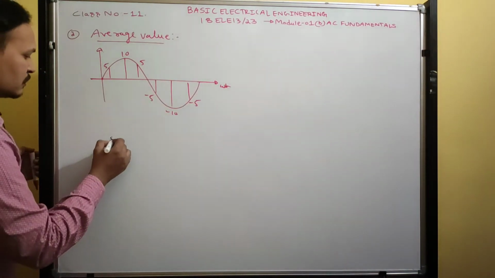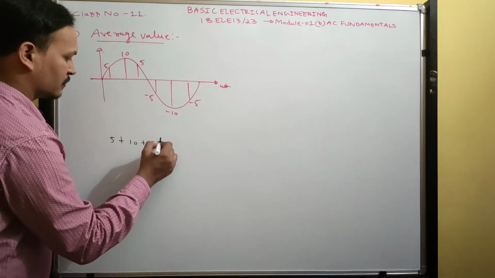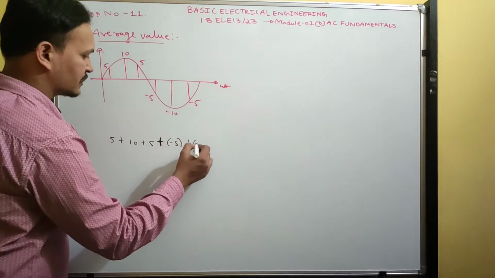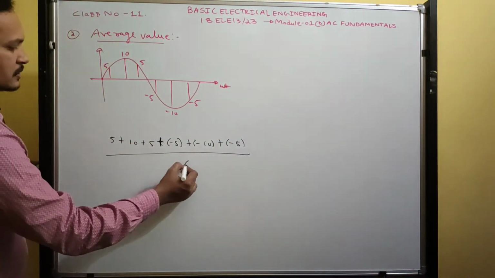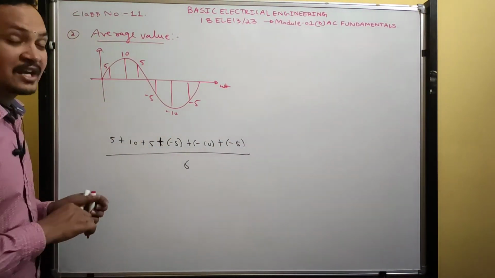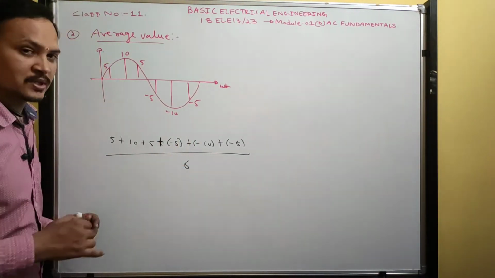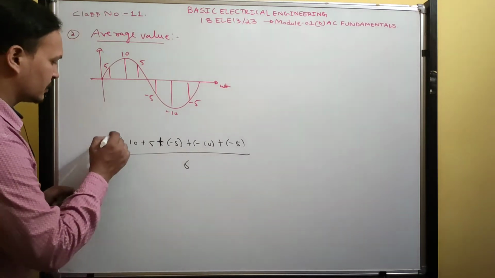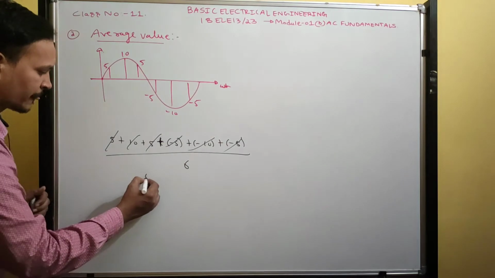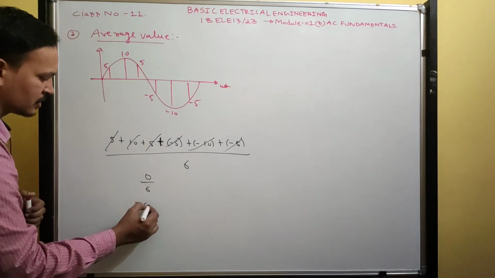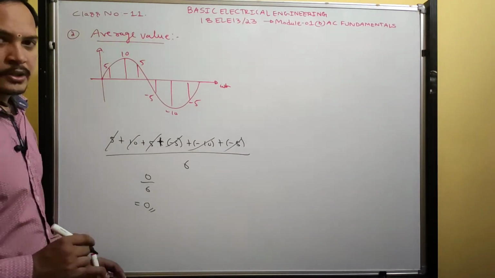Find the average value: 5 plus 10 plus 5 plus minus 5 plus minus 10 plus minus 5, divided by 6 instants. If I took a mean square, minus 5 square would become plus, and you would get the RMS value. But now it is only the mean value. So plus 5 minus 5, plus 10 minus 10, plus 5 minus 5 cancels. So 0 by 6 is how much? 0.